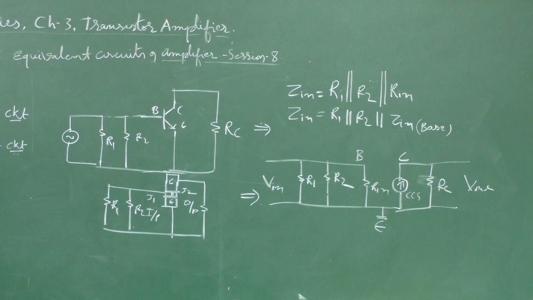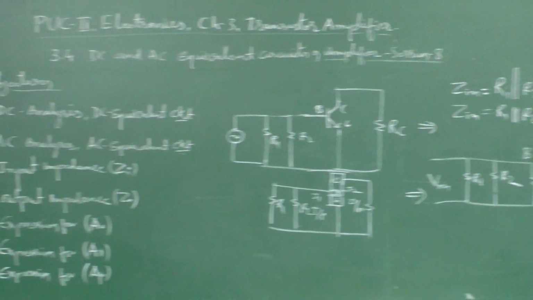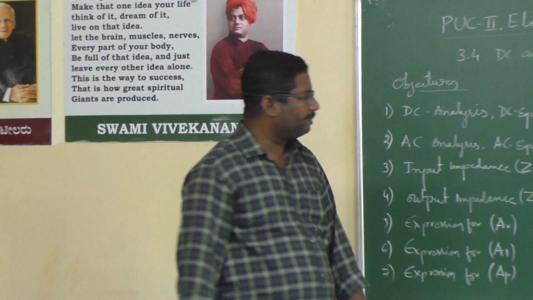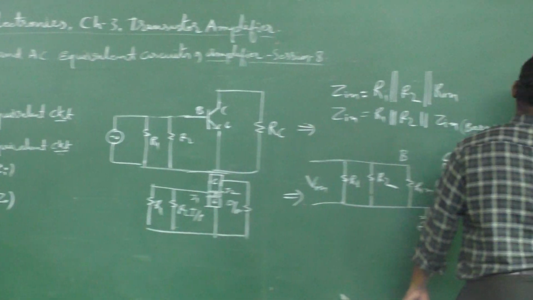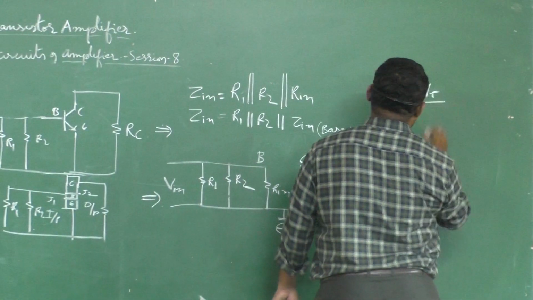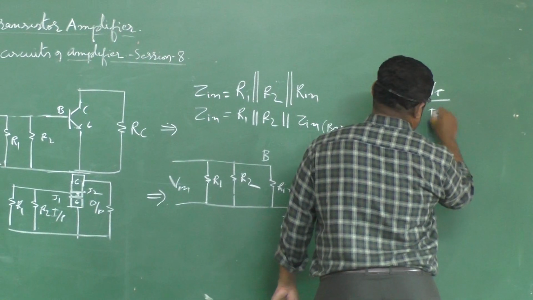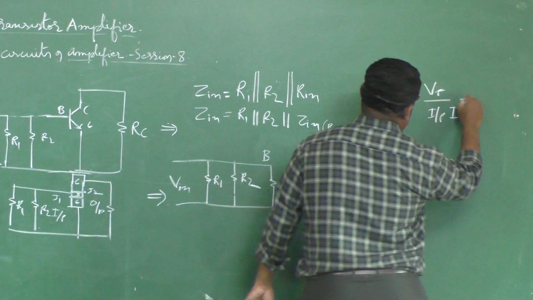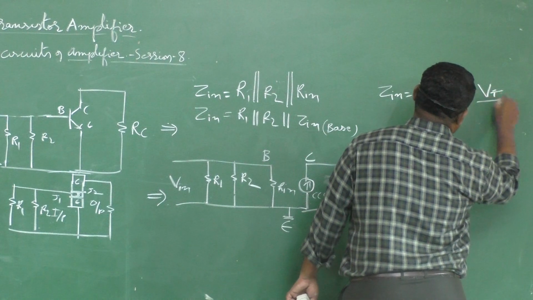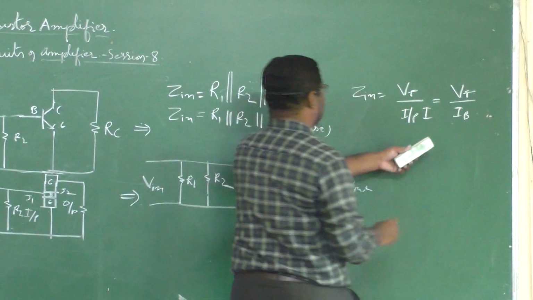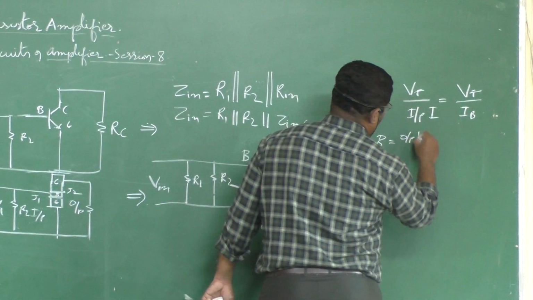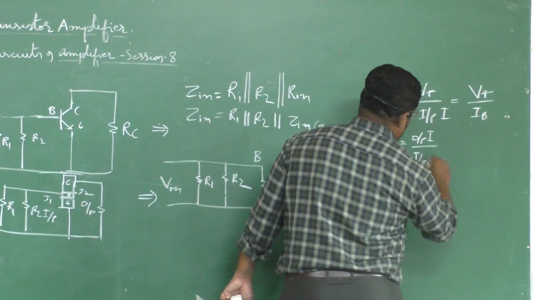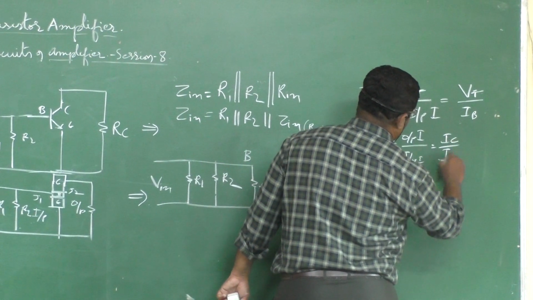And next, Zin is equal to Vt divided by input DC current, which is equal to Vt divided by Ib. And what is this Ib? Beta is equal to output current divided by input current, which is equal to Ic divided by Ib.